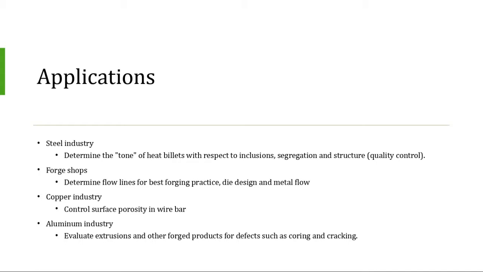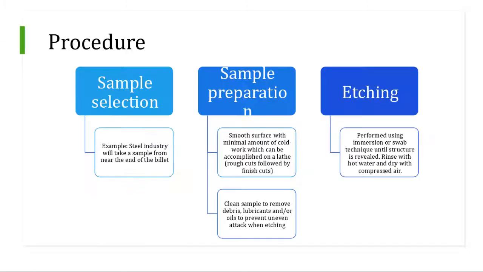So what's the difference between macro and micro? So we already went through the metallographic preparation process where we did a coarse grind, coarse polish, fine polish to a mirror finish. It turns out that with macro, once you select your sample, for instance, let's take a steel billet.